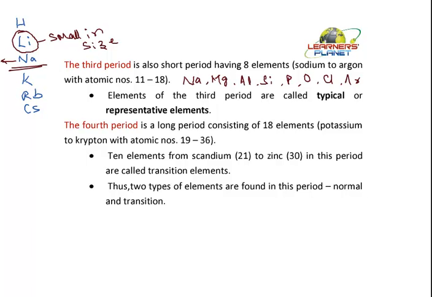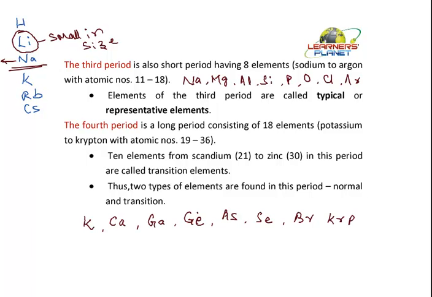Starting with potassium, the next element is calcium, then gallium, then germanium, then arsenic, then selenium, then the halogen bromine, and there would be krypton.